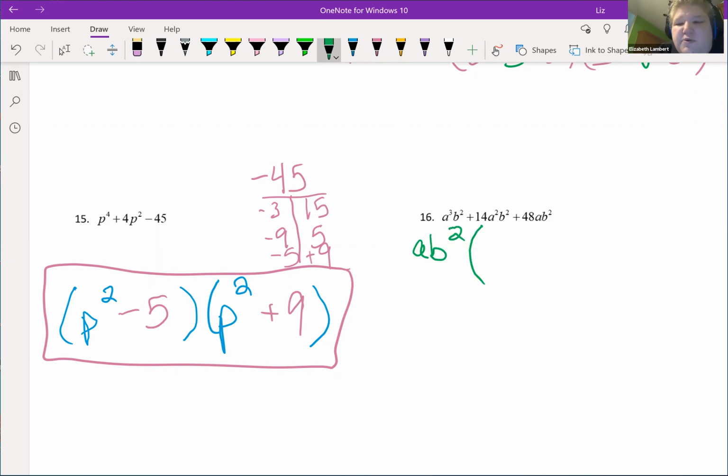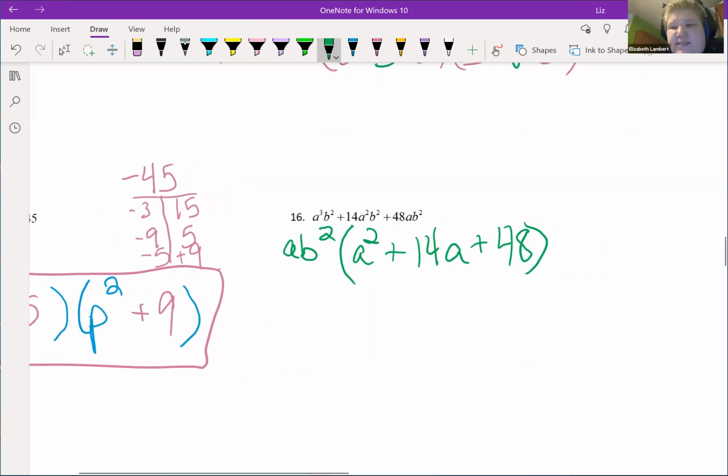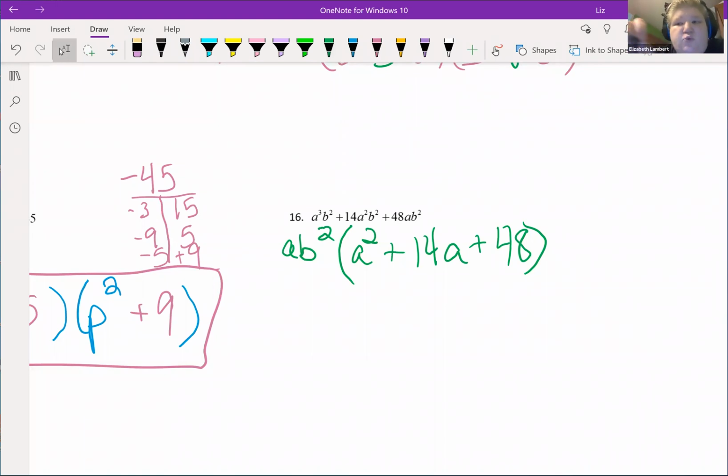And let's take a look at those leftovers, and the leftovers should look far more comforting. A squared plus 14A, and then that whole AB squared is gone, so it's just the number 48. So all we got to do is find the perfect pair that multiplies to 48 and adds to 14. By now that perfect pair should be feeling really familiar.